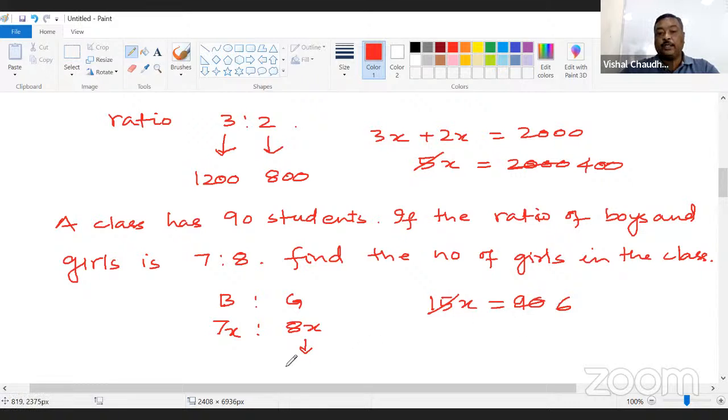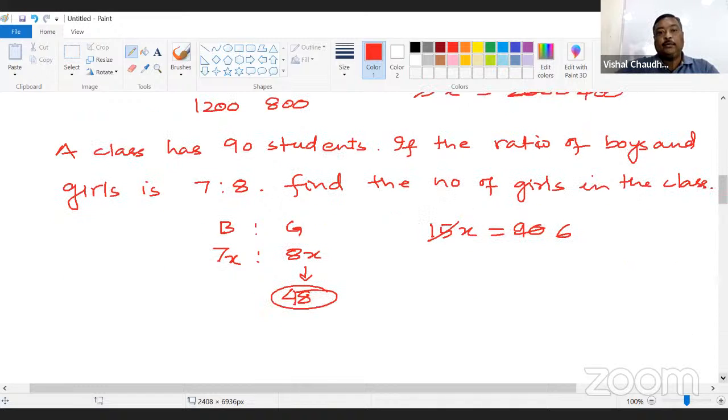So 8 into 6, and that is 48. Is it clear? Now let's take a new question once again.